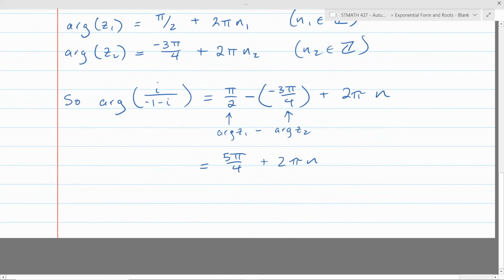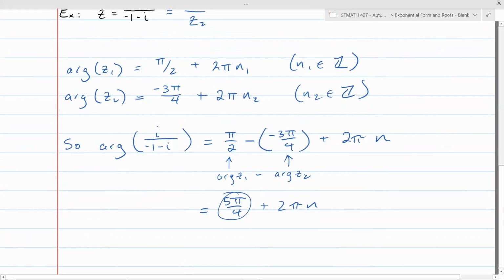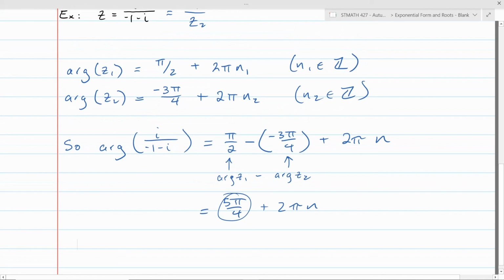Since I know this is one of the arguments of that complex number, it would make it easier for me to write it in exponential form. I'd have to find its radius, and I'm not going to bother with that at this point, but the point is that I can see its angle without having to do very much work. I can just deduce its angle from the angle of the numerator and the angle of the denominator, which is kind of cool.